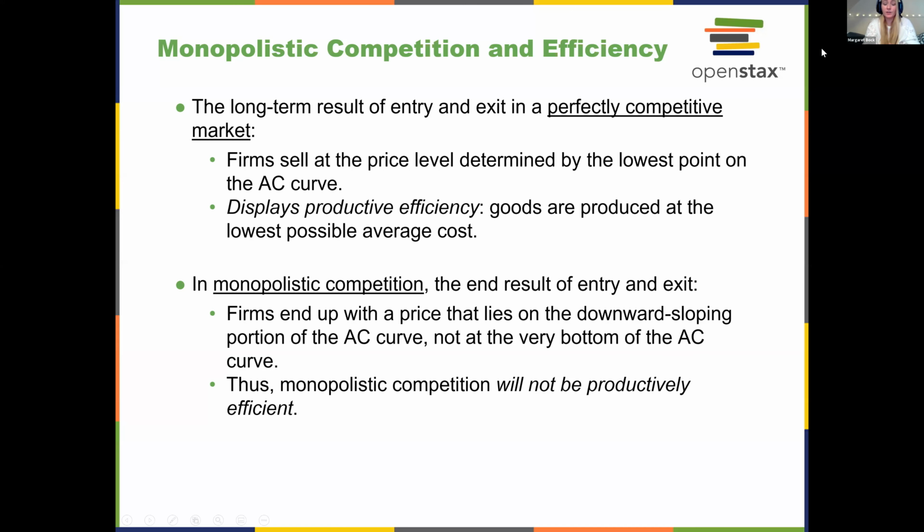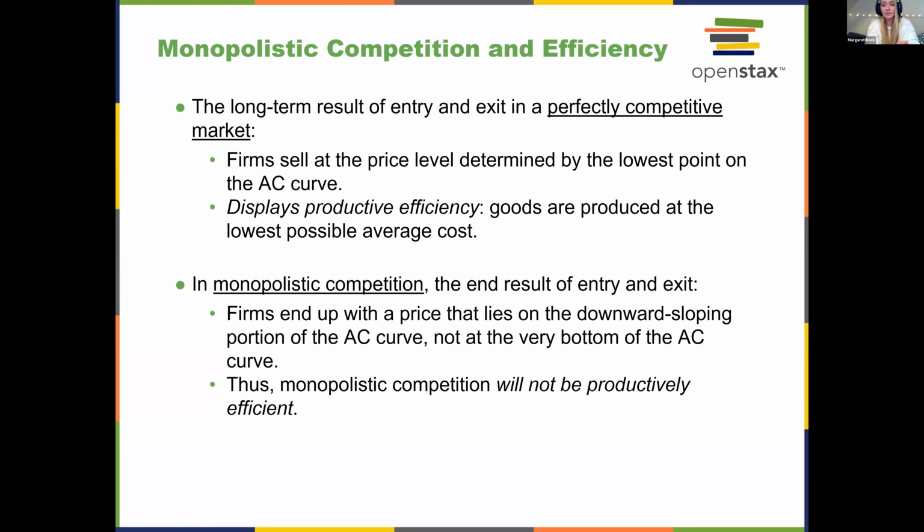And another thing to note here is that there is a difference between perfect competition and monopolistic competition whenever we're talking about efficiency. So remember in perfect competition, we noted that firms will produce at the lowest possible average total cost.